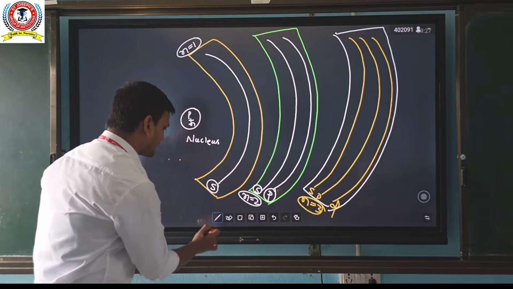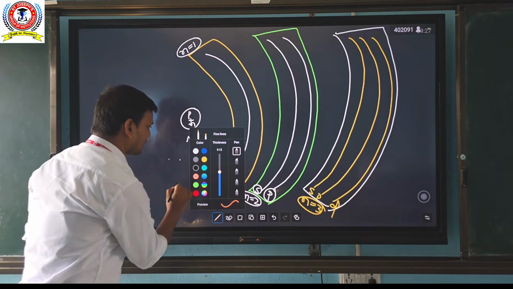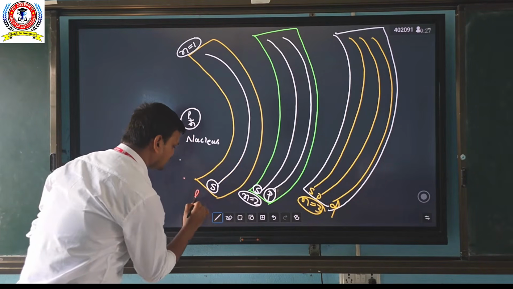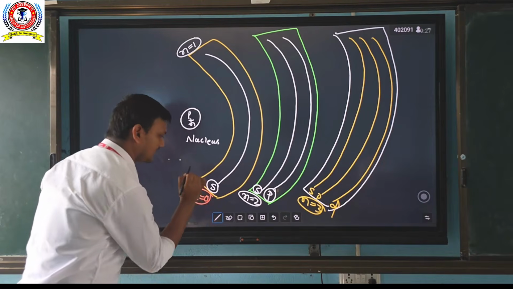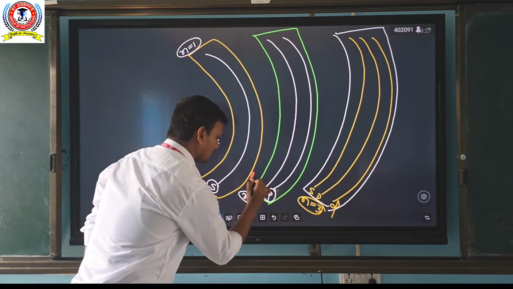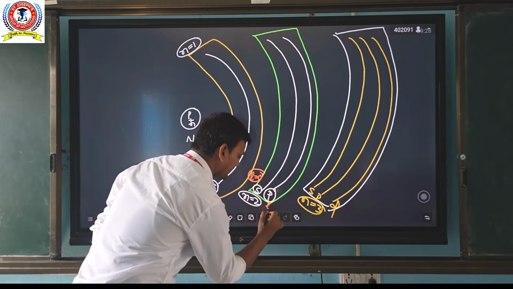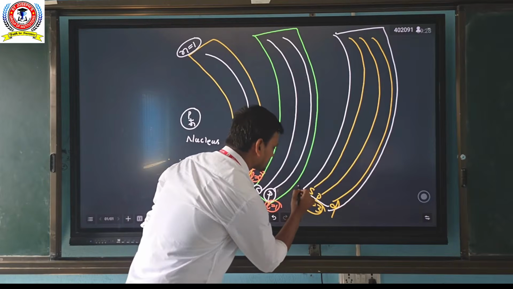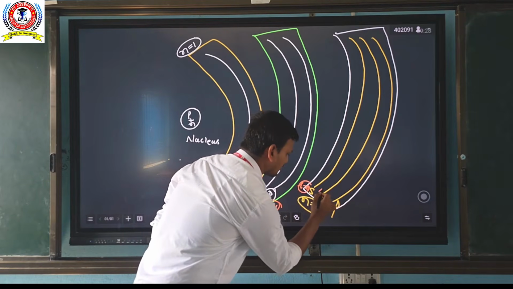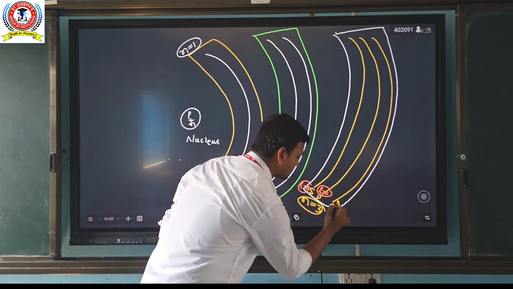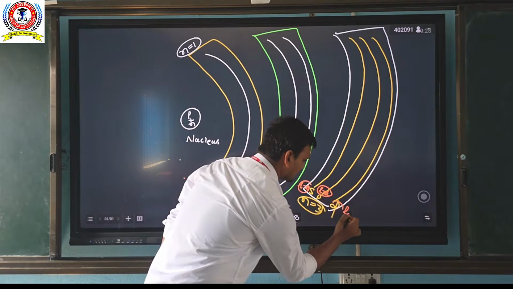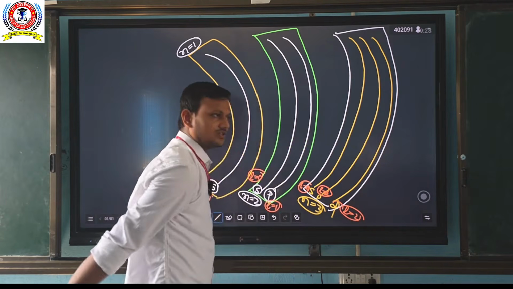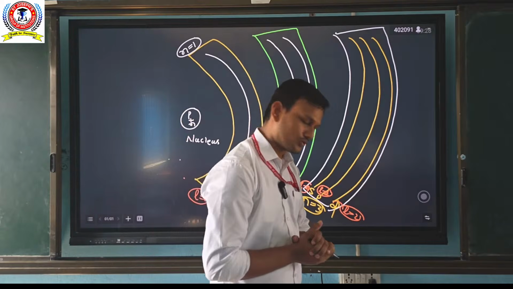Also we know that, students, for S subcell the value of L is equal to 0, and for P subcell the value of L is equal to 1. For D subcell the value of L is equal to 2.